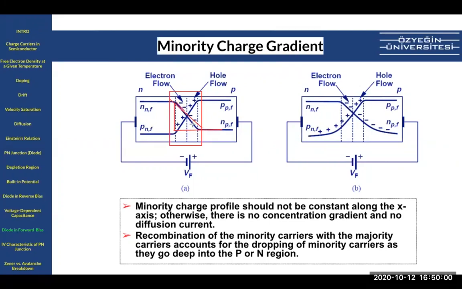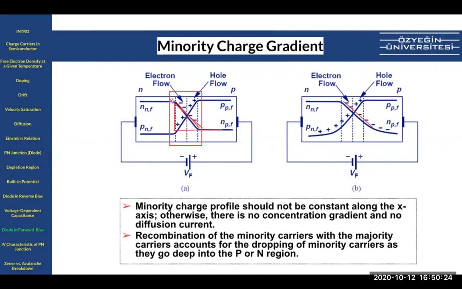But whether it is linear, or a more exponential or polynomial curve, is determined by the recombination of the minority carriers. When these electrons and holes try to get into this depletion region, they start to recombine with the others.